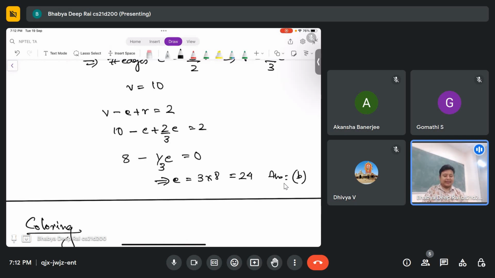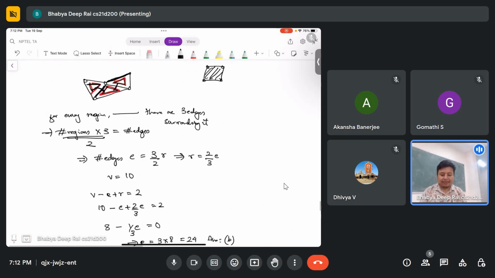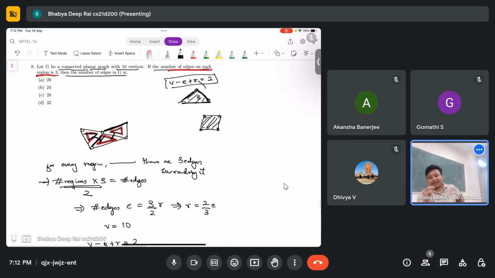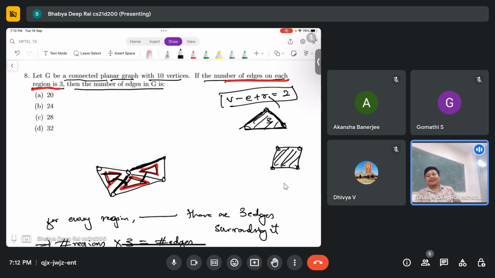Okay. Is everyone clear with this? So there was a small combinatorial result involved. We were trying to show that number of edges actually depends on the number of regions. But when we were counting the number of edges with respect to the regions, each edge was getting counted twice.